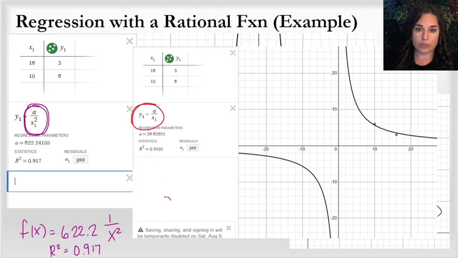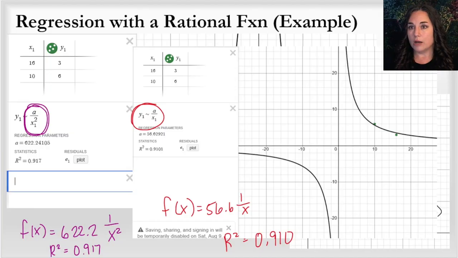All right, so I would say that function is 56.63 over x. That's it. Maybe I could write it in the same form, 56.61 over x. I'm going to note its R squared equals 91%. I was writing the 91, 0.910.